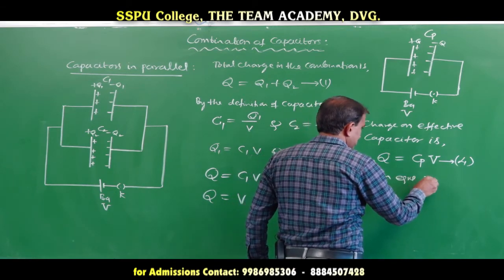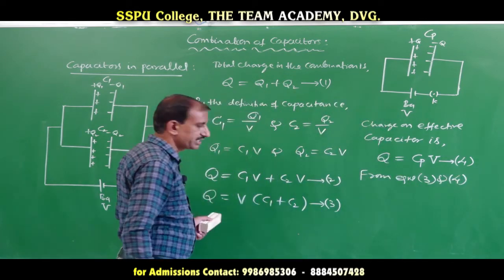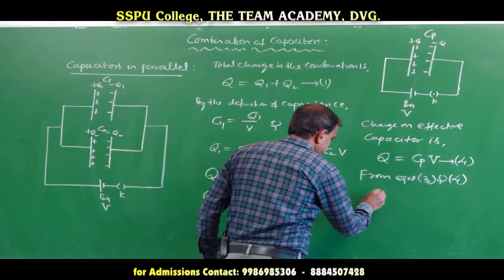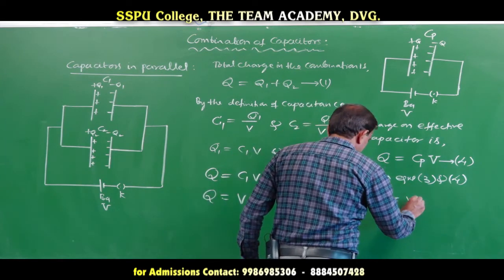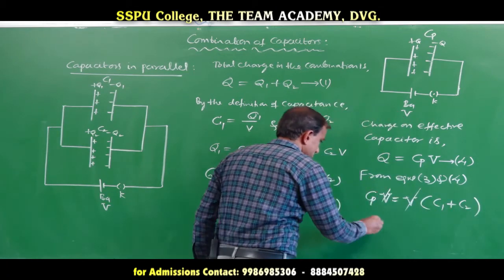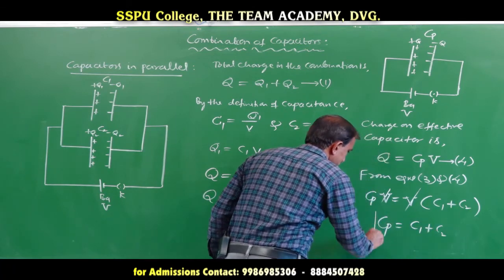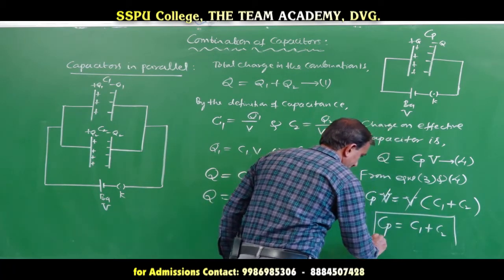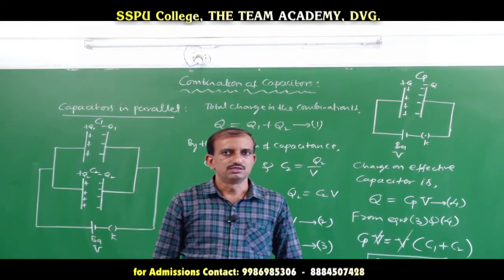From equations 3 and 4, we can equate these two. Therefore, Cp into V is equal to V into (C1 plus C2). V cancels, so Cp is equal to C1 plus C2. This is the effective capacitance of two capacitors connected in parallel.